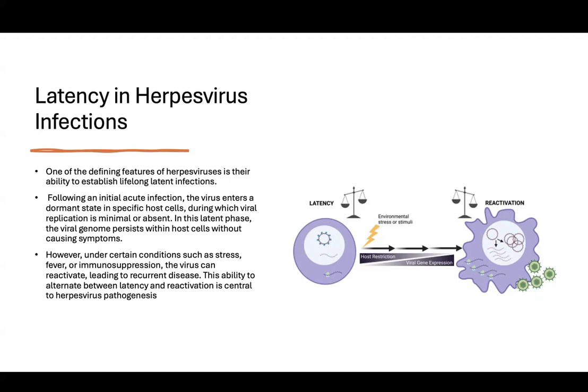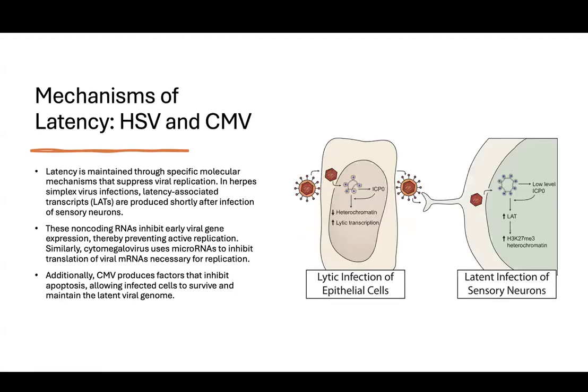They start to replicate like crazy and start producing quite a lot of viruses, which can then cause more symptoms. We'll definitely be talking about how every single one of these herpes viruses is able to do this. The mechanism of latency is not 100% understood.